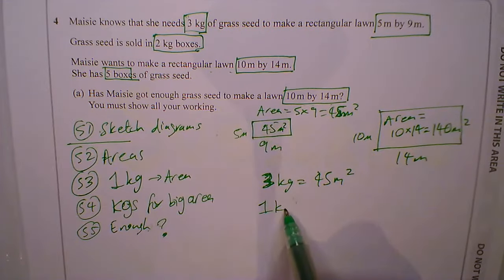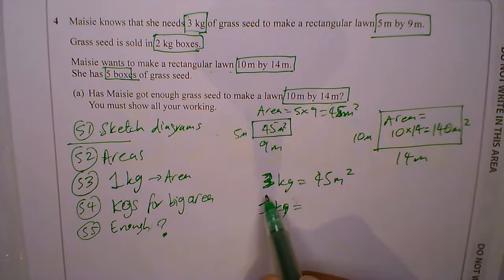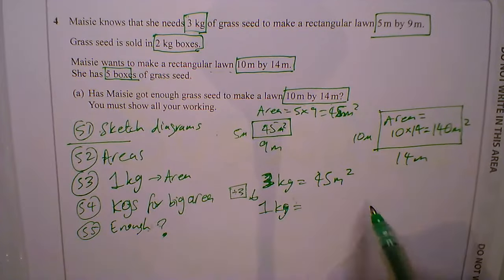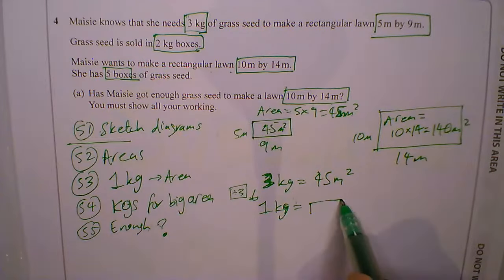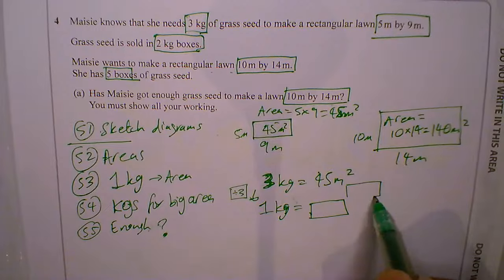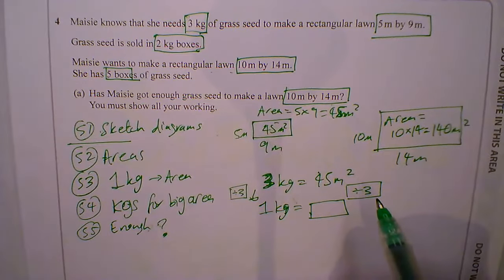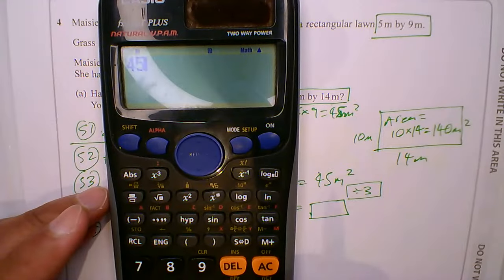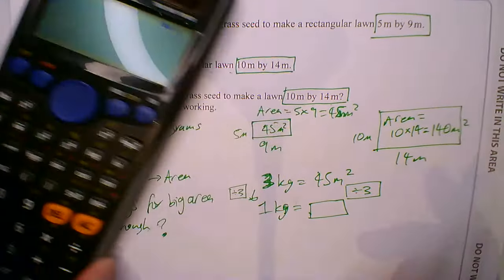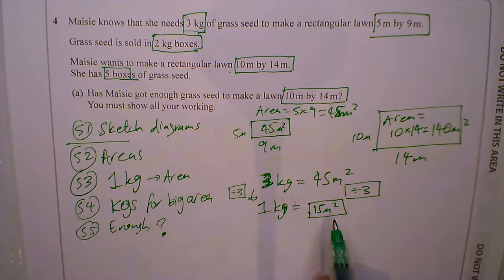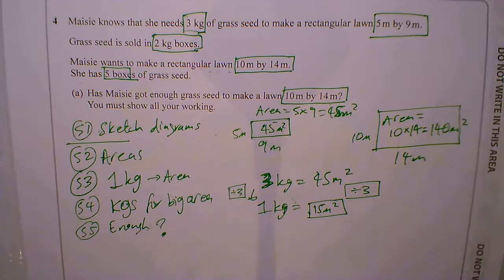So I'm dividing by 3. So 45 divided by 3, get our calculator out, gives us 15. So it's 15 meters squared. So I've got 1 kg is 15 meters squared.